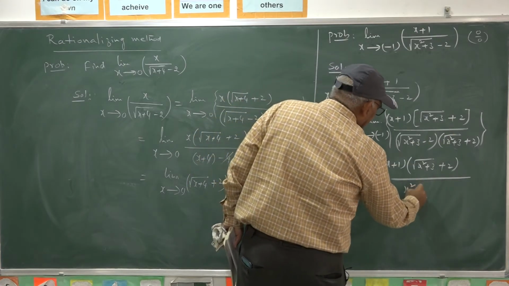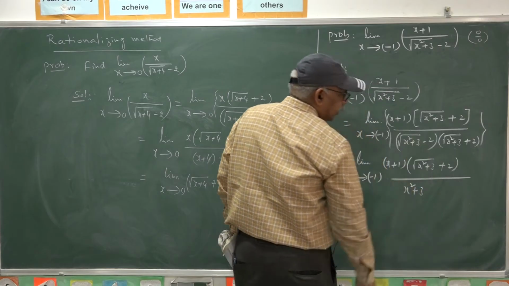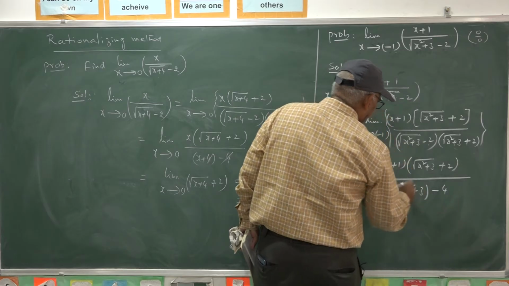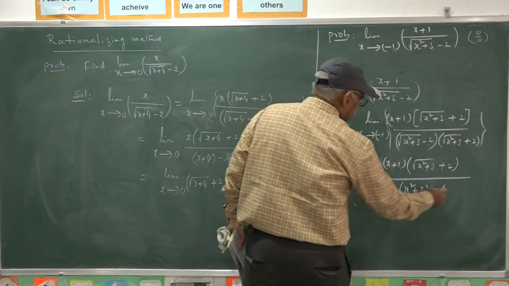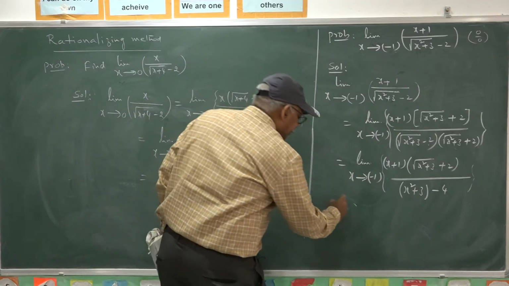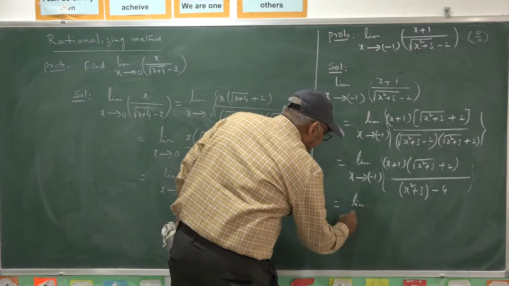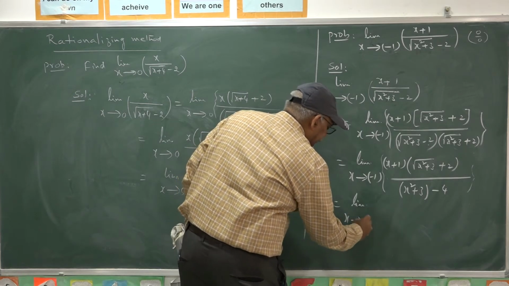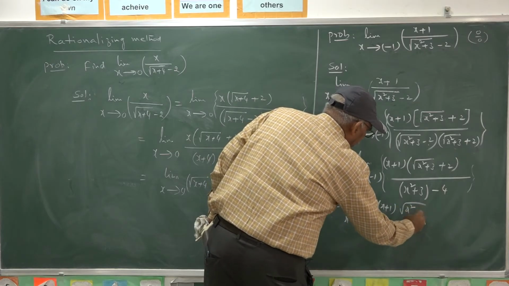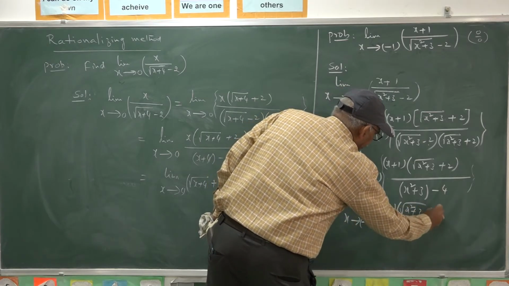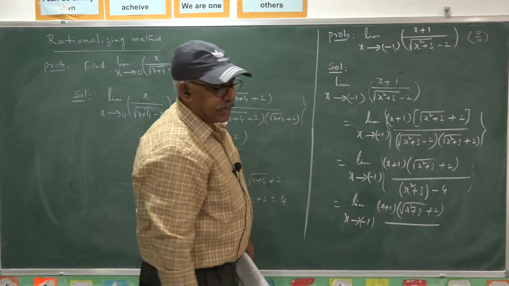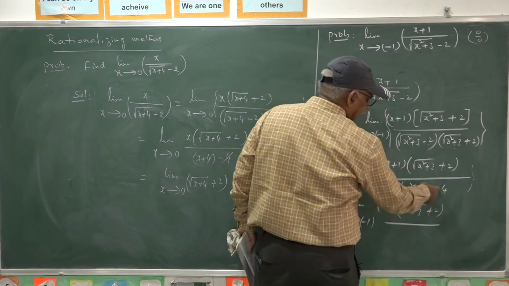So that you can remove this irrationality, the square root, minus 2 square. 2 square is 4. Now clearly the denominator is x square minus 1.